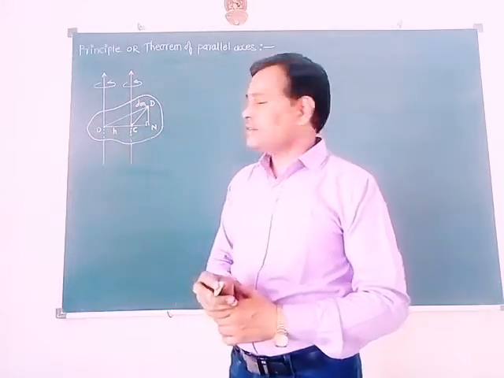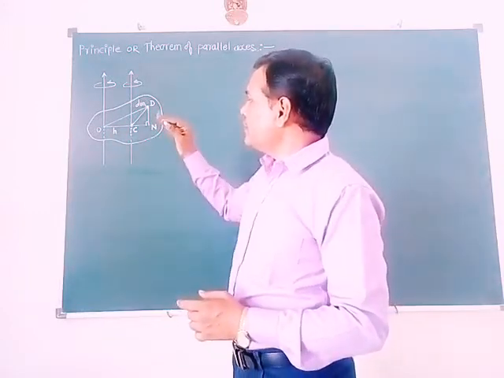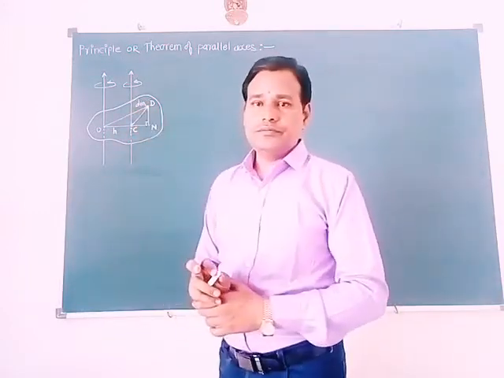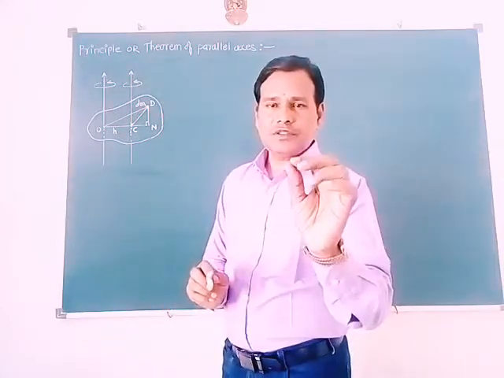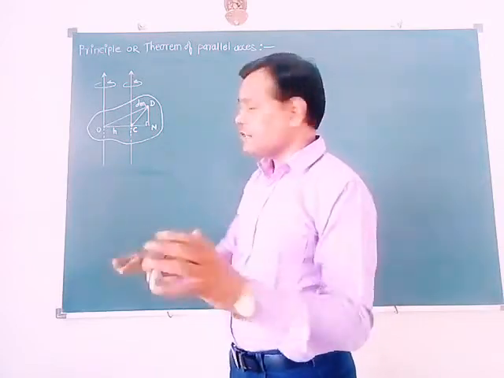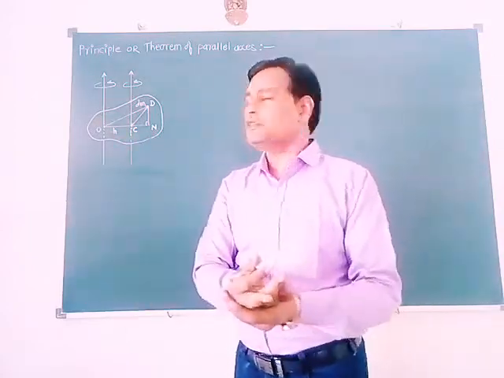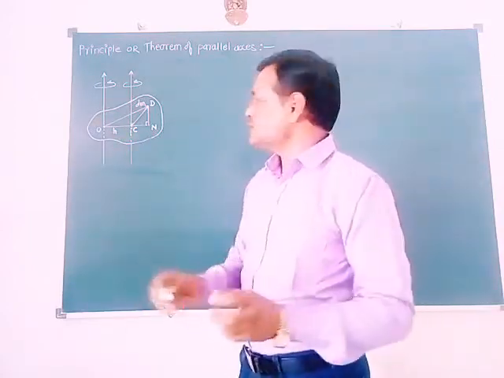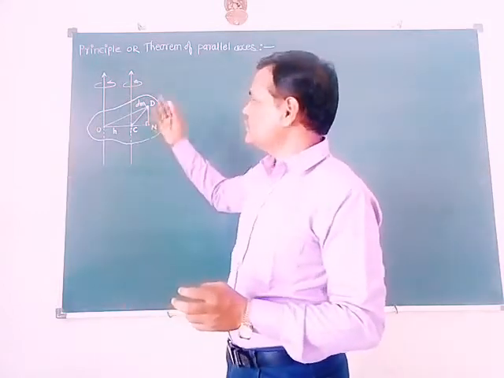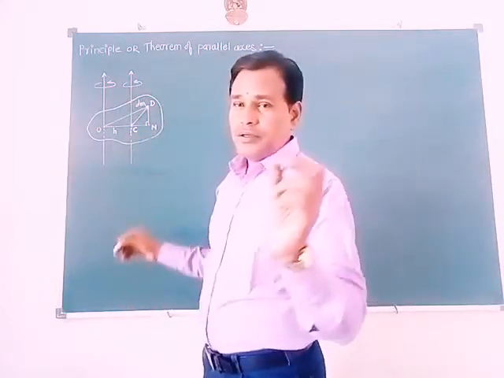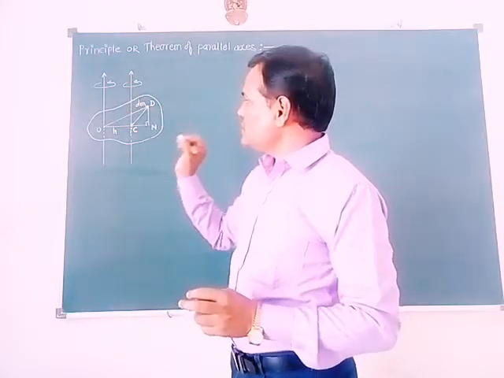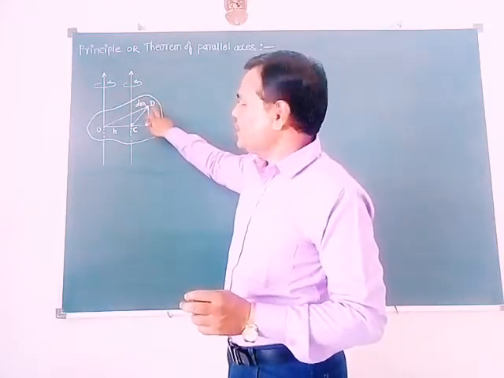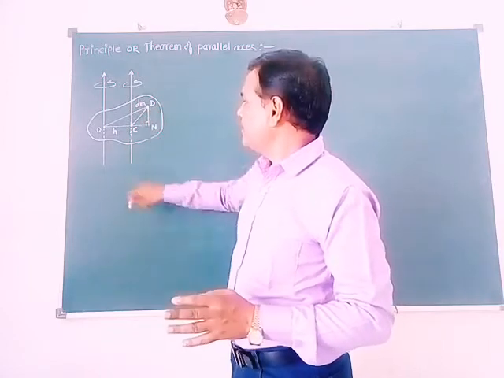Now we consider a particle of mass dm kept at point D. It is a small particle of mass dm. There are such a number of particles, element masses, situated throughout the body. Each element mass is dm. One such mass is considered at point capital D.